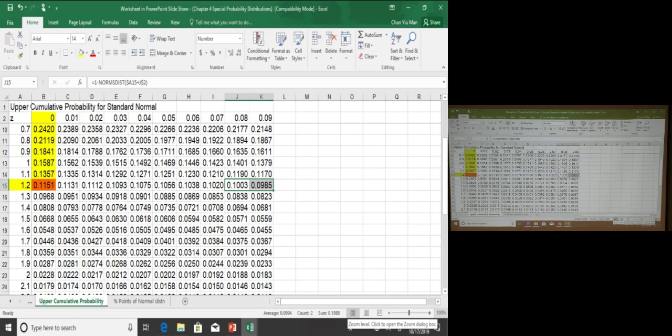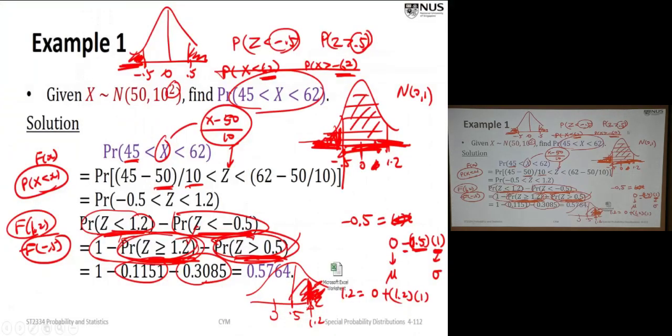And greater than 1.29, it is 0.0985. It's very close to 1.28, so let's take 1.28. Okay, so that's how you get the answer.